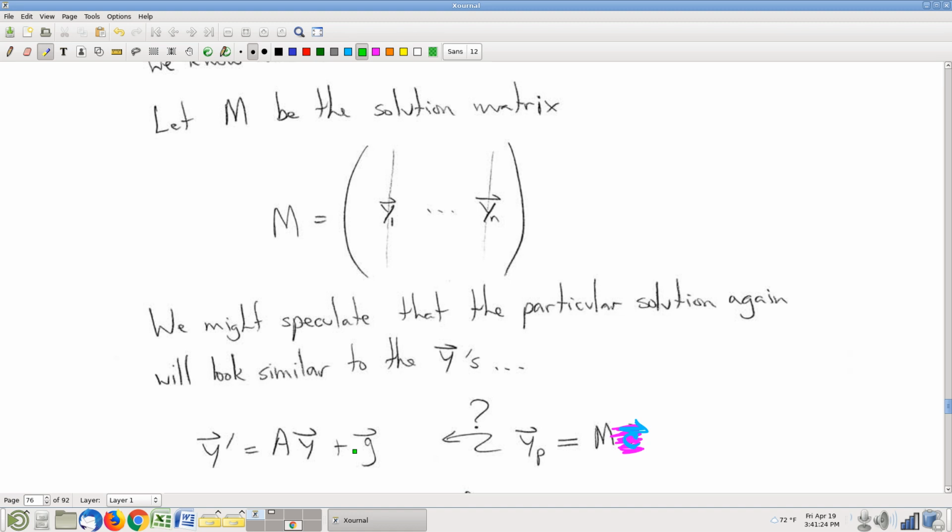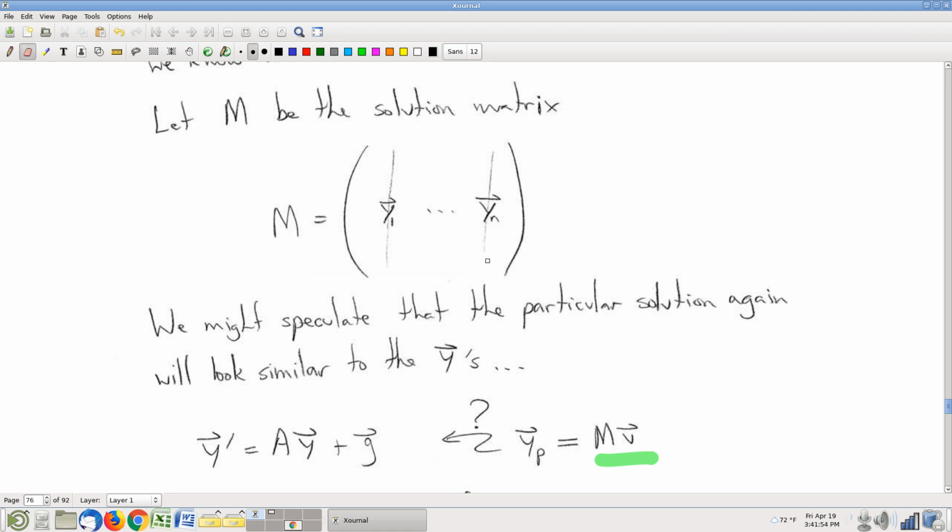Again, it's pure optimism that we hope that we can do this. But anyway, it worked out in the scalar case. Let's give it a try. Hopefully it'll work. And again, the way we're going to fiddle with this is we're going to turn that constant into a non-constant vector. So we're going to take what you might call a non-constant linear combination. That's a terrible abuse of the term, but sort of a non-constant multiply and add with those homogeneous solutions.